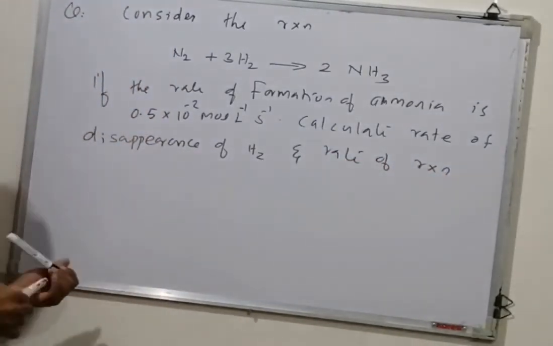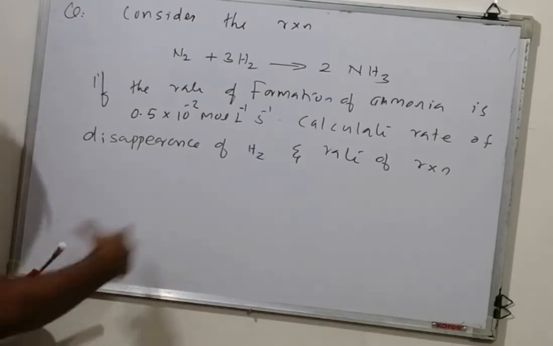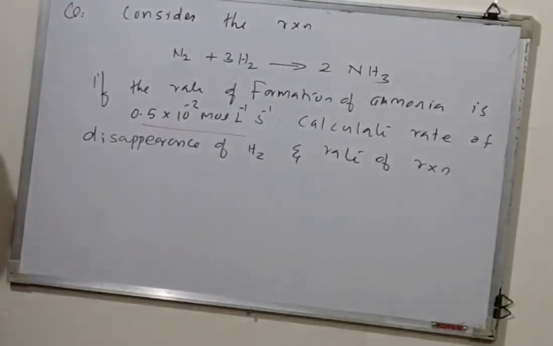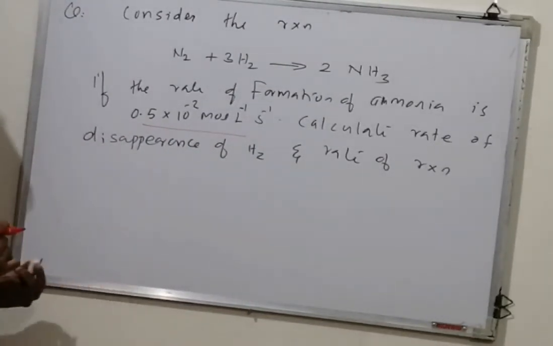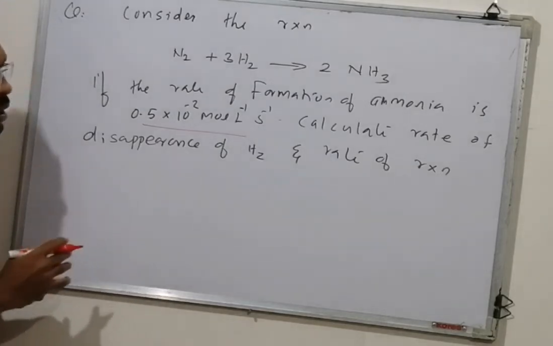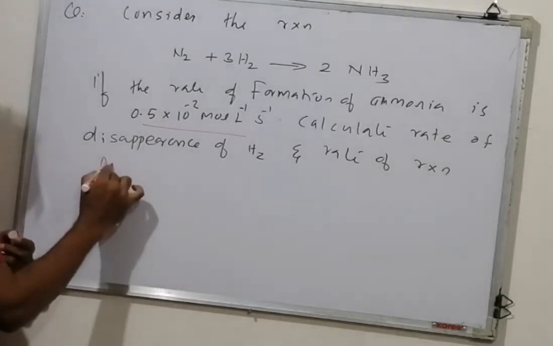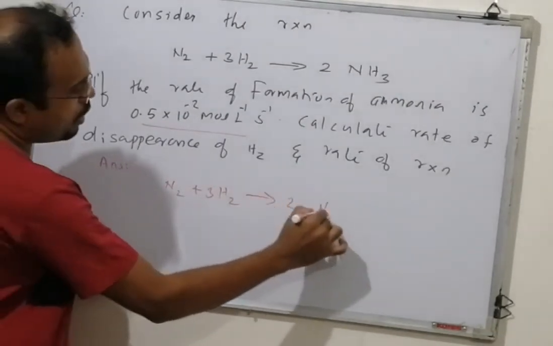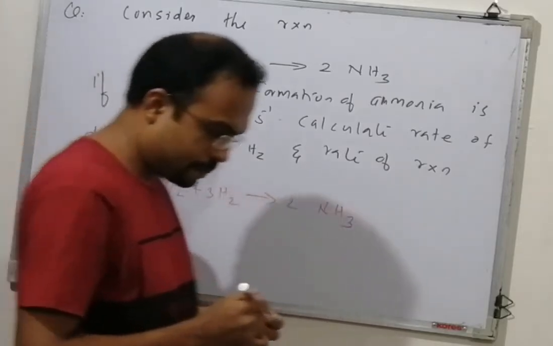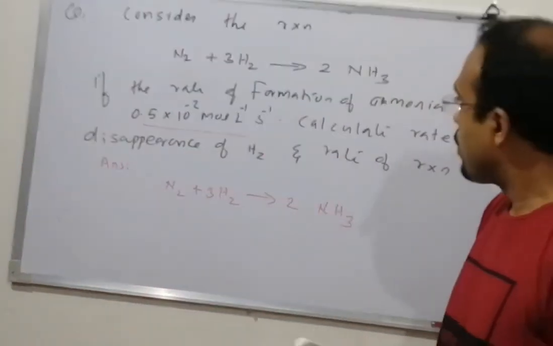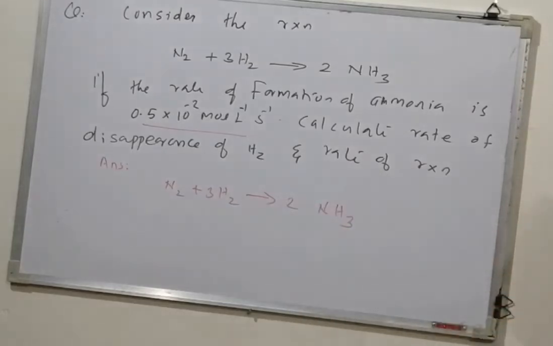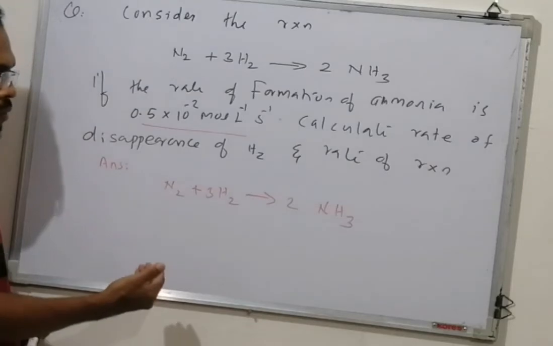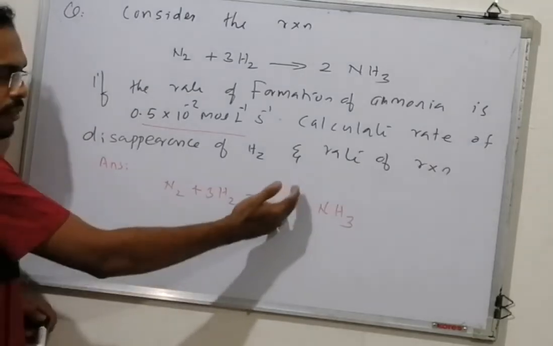You have been given the rate of formation of ammonia, that is 0.5 into 10 raised to minus 2. What is the rate of disappearance of H2 and the rate of reaction? Therefore, this is our trick. If you know the idea, it's very simple. This is a balanced equation. Here the coefficient is 2.